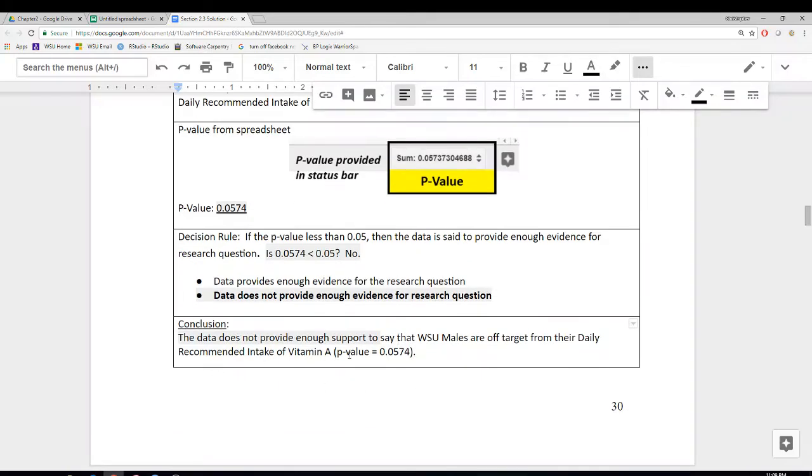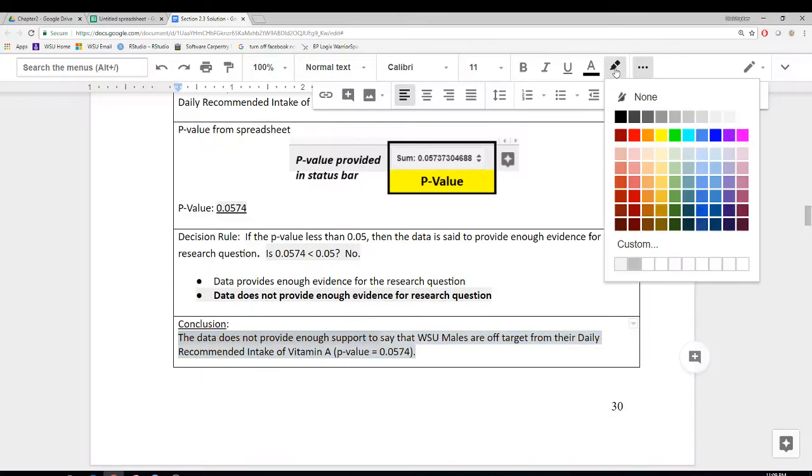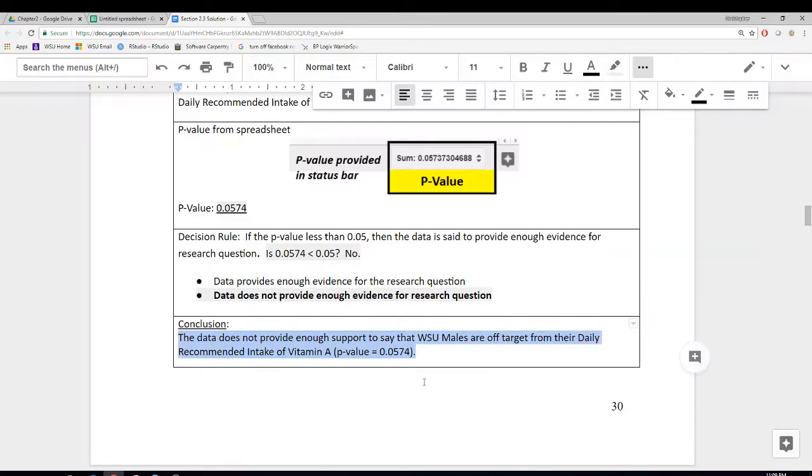If I put those two pieces together, then the data does not provide enough support to say that males are off target from their daily recommended intake for vitamin A. And then the last part is just to report that p-value as I've shown here. Those three pieces, you provide those three pieces, and you have a successfully written conclusion.